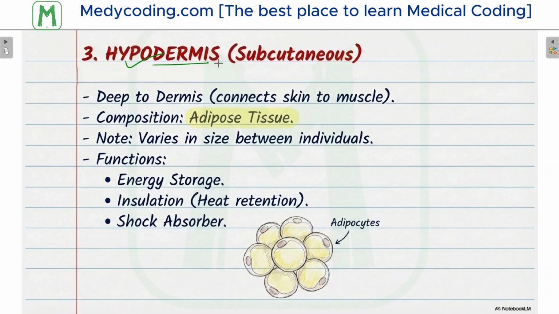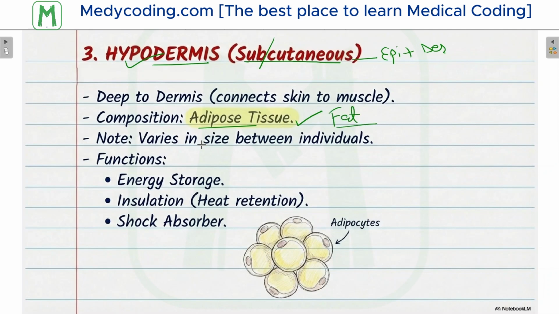Hypodermis. This is the last layer of the skin. This is also known as subcutaneous. Cutaneous, we know that epidermis and dermis both are used as the term cutaneous. So below the cutaneous is known as subcutaneous. This layer is mainly composed of adipose tissue. That's fat.